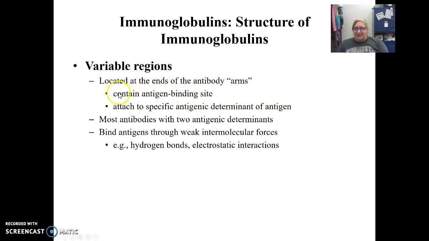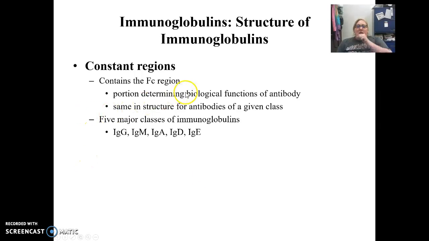And so this is what I just said. The variable regions are the regions that will bind to an antigen and respond to that antigen or cause different effects to the antigens, okay? We have multiple types of antibodies: IgG, IgM, IgA, IgD, and IgE. I don't expect you to know every single antibody and the function of each type of antibody.